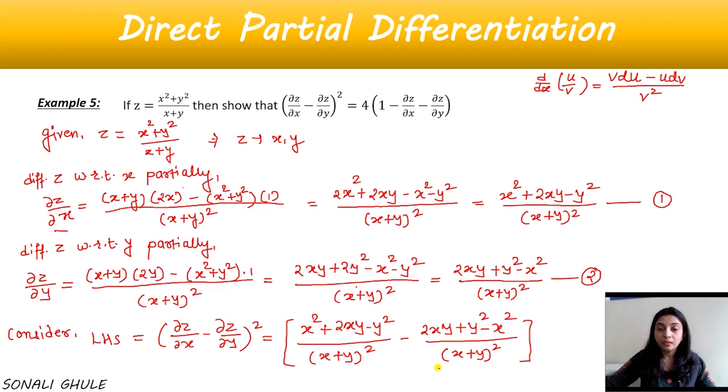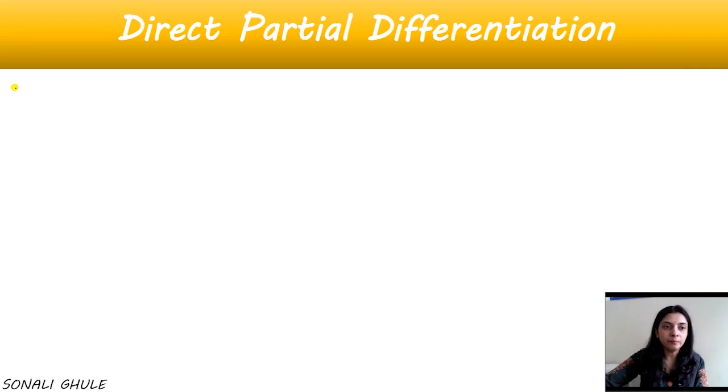Now see here, if we solve this subtraction, your denominator is same. When the denominator is same, I can add or subtract the numerator, right? So using that, I can write this left hand side. First of all I am going to write our denominator: x plus y whole square, right?